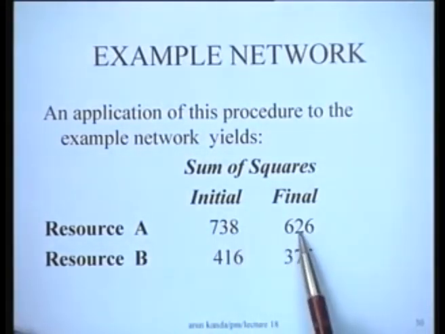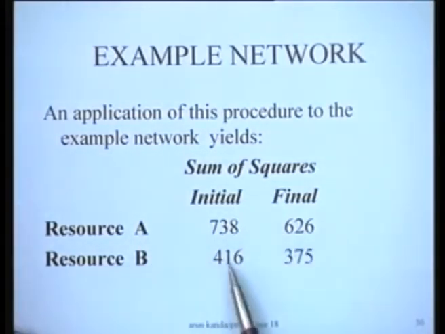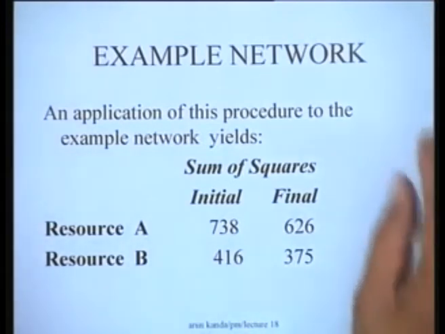It was brought down to 626, and for resource B it was brought down from 416 to 375. So this was the final result for this particular problem.